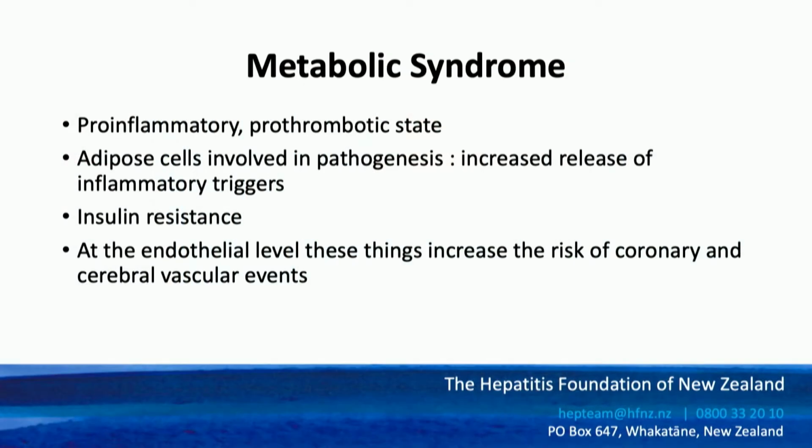That inflammatory milieu at the cellular level then affects the lining of your blood vessels, and that leads to the increased risk of heart disease and strokes. That's all we're doing for hard science, so we can all relax.